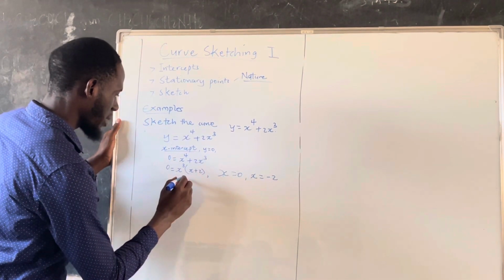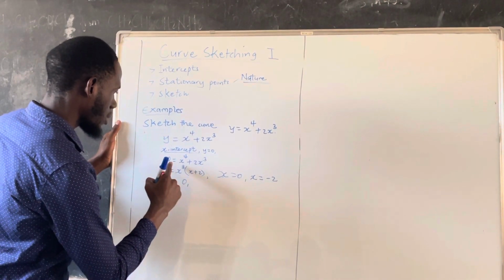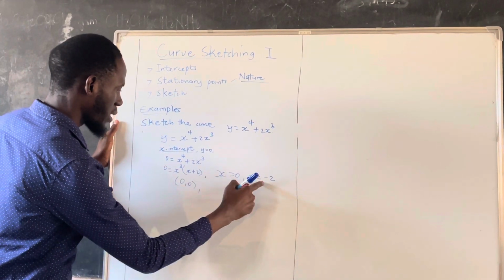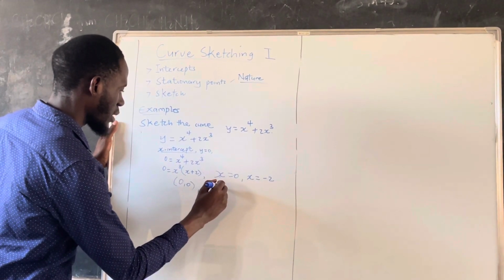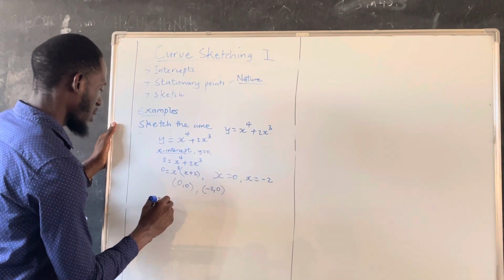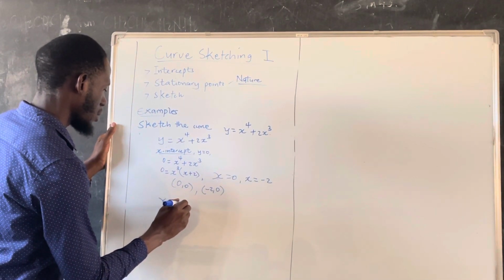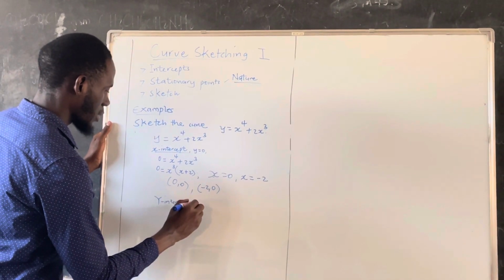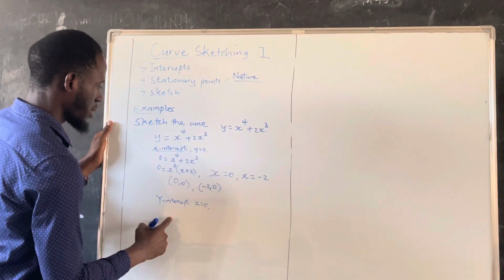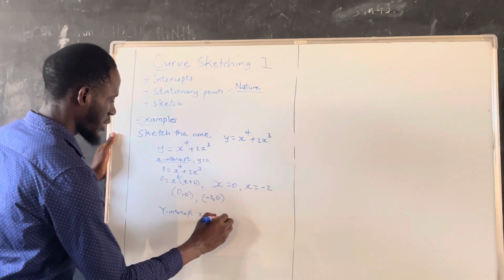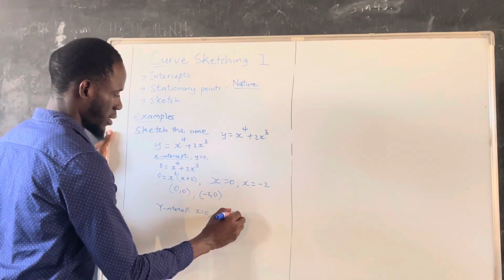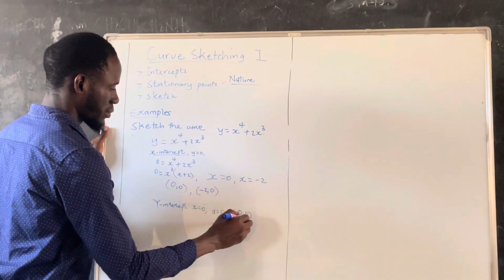For the x-intercept, we have 0 and 0, then we also have negative 2 and 0. Then for the y-intercept, we are saying that x is equal to 0, meaning that our value of y is also going to be 0, because we have already seen the coordinate here. So still the coordinate is 0, 0.